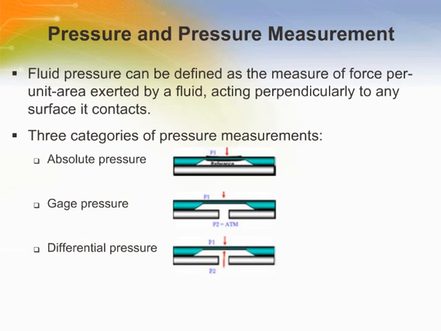Differential pressure is simply the measurement of one unknown pressure with reference to another unknown pressure. The pressure measured is the difference between the two unknown pressures. This type of pressure measurement is commonly used to measure the pressure drop in a fluid system.